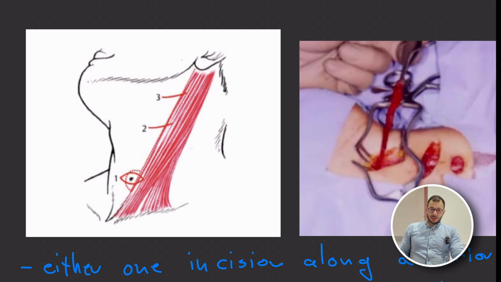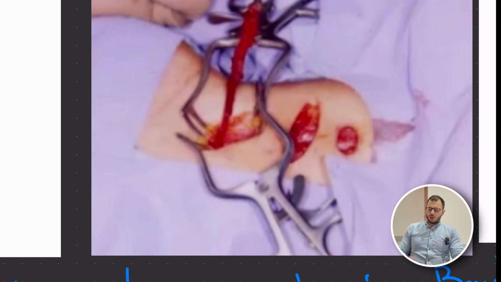The common locations are level 4, level 3, or level 2 of the neck, and in this case you have two options. Either you will do a very big incision along the anterior border of the sternocleidomastoid muscle, or you will do small incisions, as we can see here in the picture, in order to follow the fistula and feed it through as a tunnel.